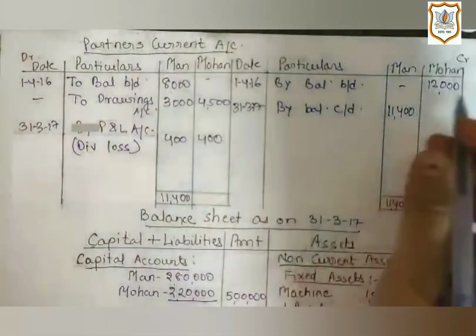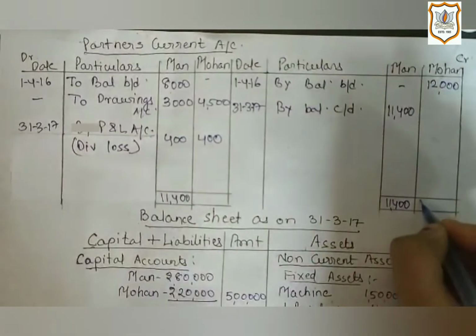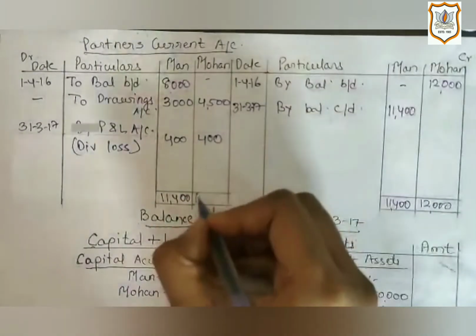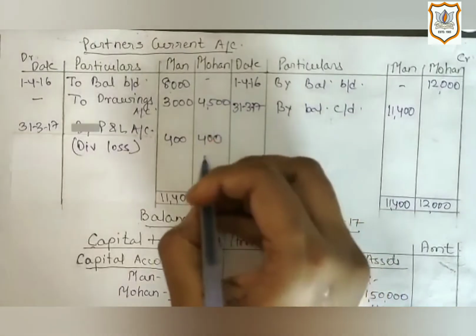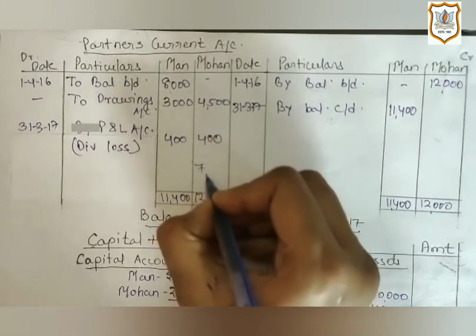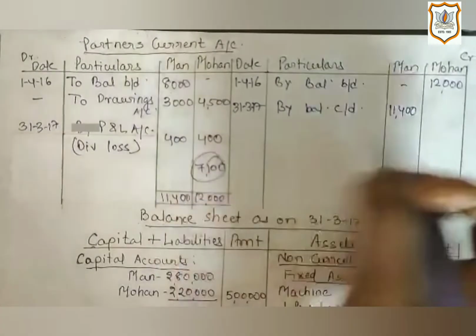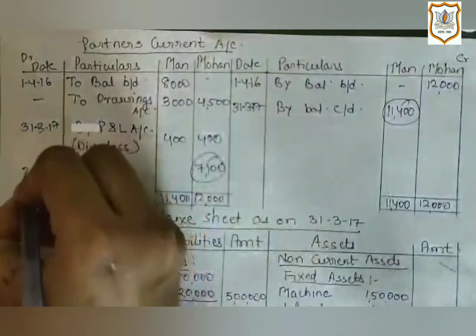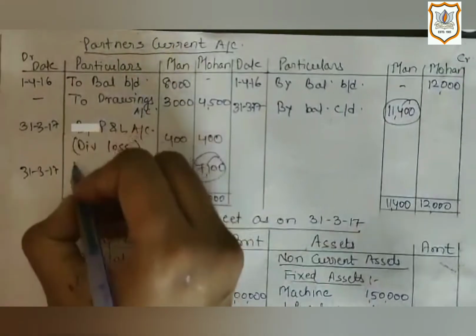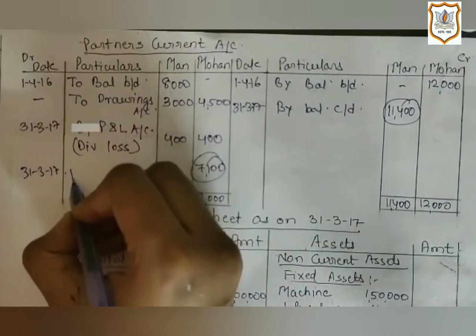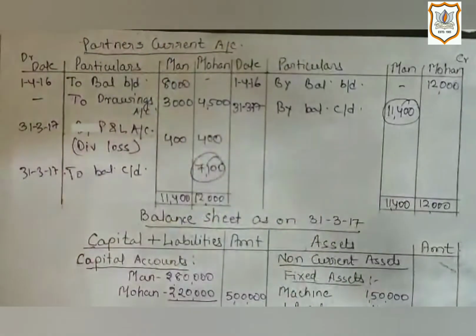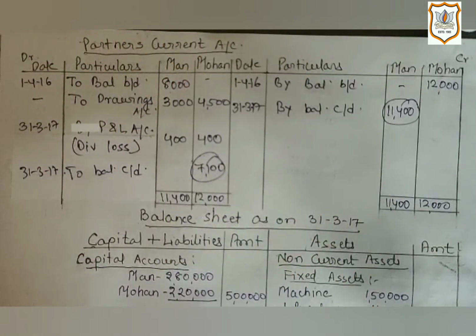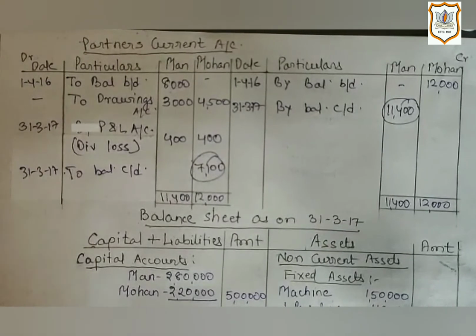Now we will close Mohan's current account. Here the closing balance would appear on the debit side, which is rupees 7,100. 31st March 2017, to balance c/d. Here you must remember, the closing balance of the current account of partners can be either a debit or credit balance.